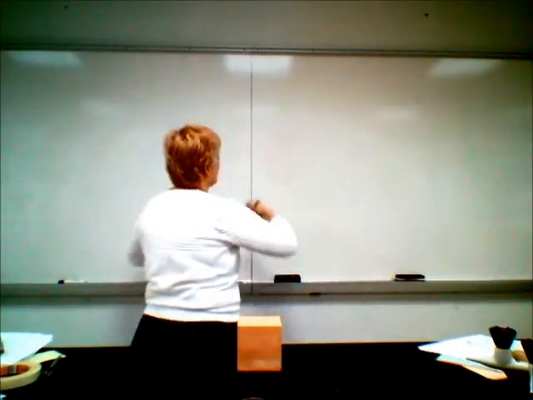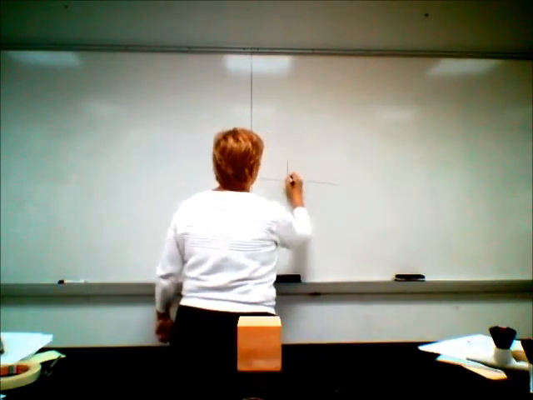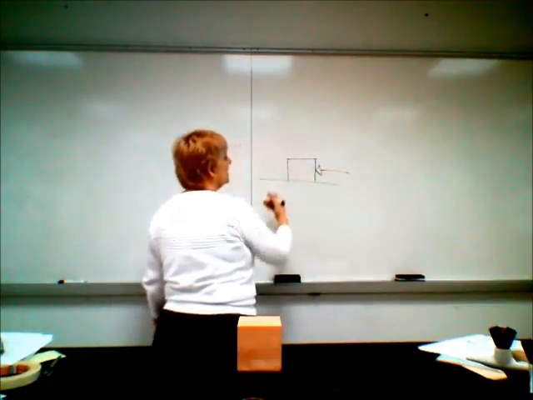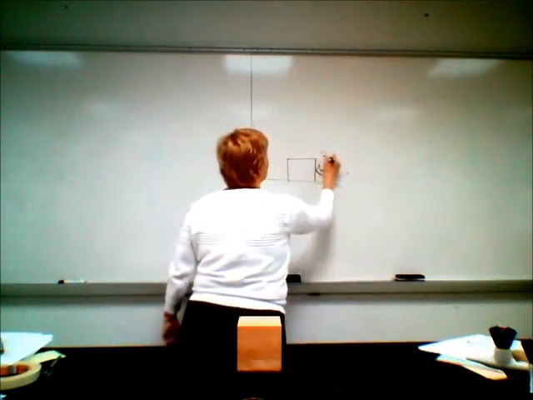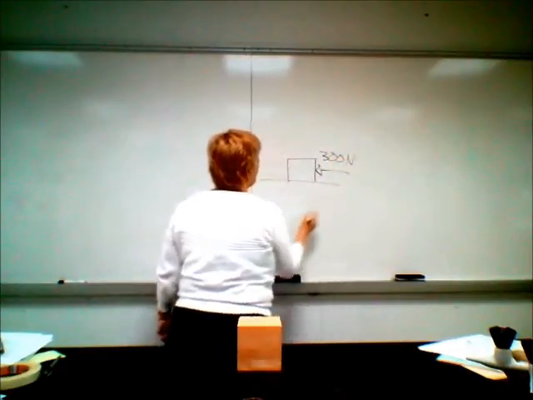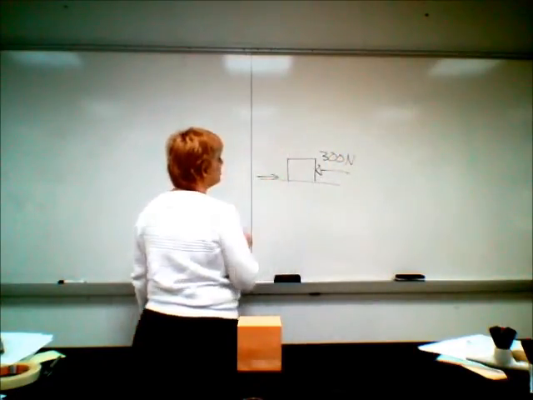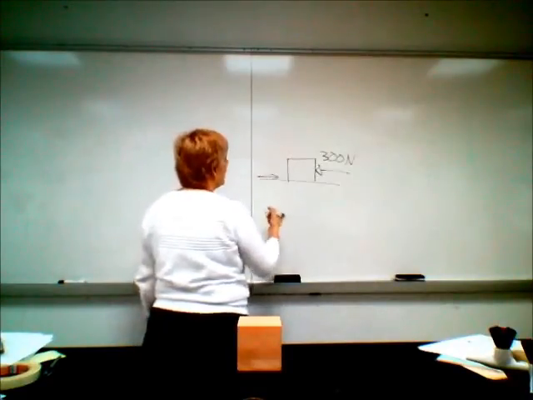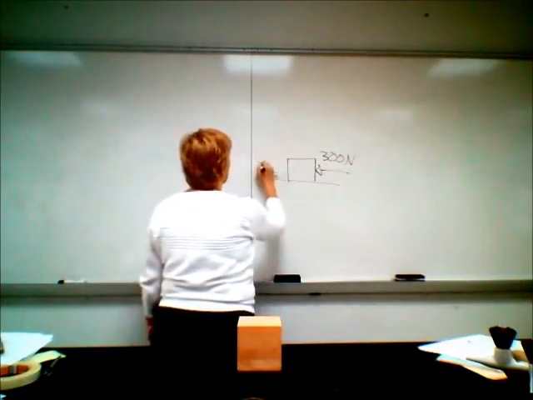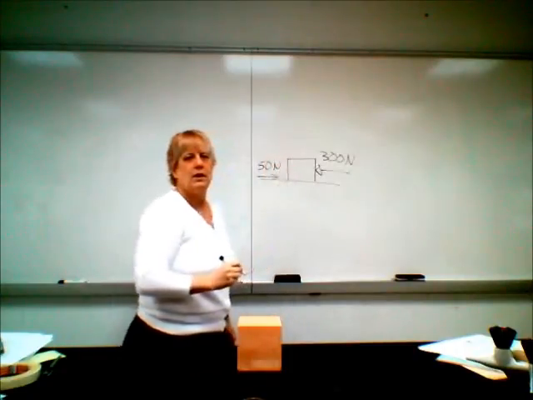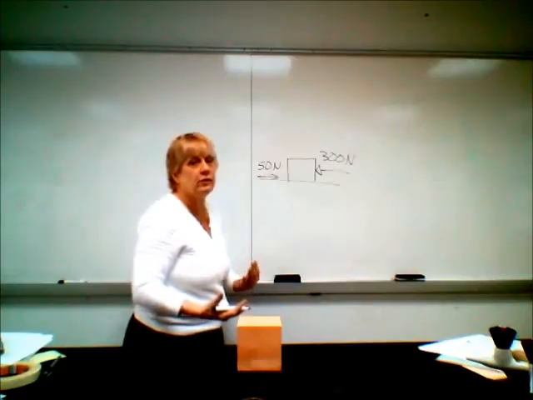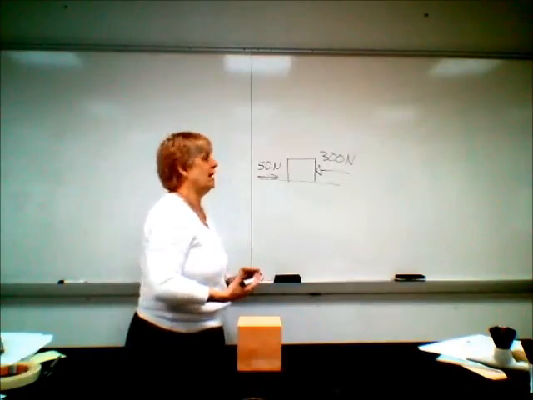So if I draw that, there's the table. And say here I'm pushing. Let's say I'm pushing with 300 newtons. But the frictional force between the table and the block is going to be in the opposite direction, but it's not very strong. Let's say it's only 50 newtons. So what is the net force? Now I have to pick one of these directions to be negative. It doesn't matter.